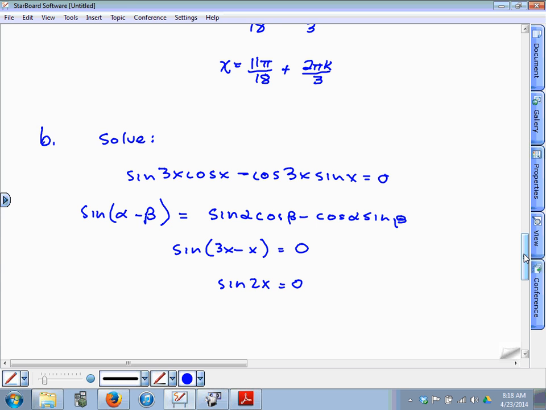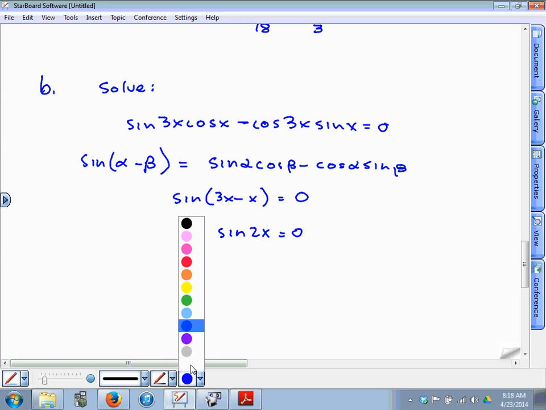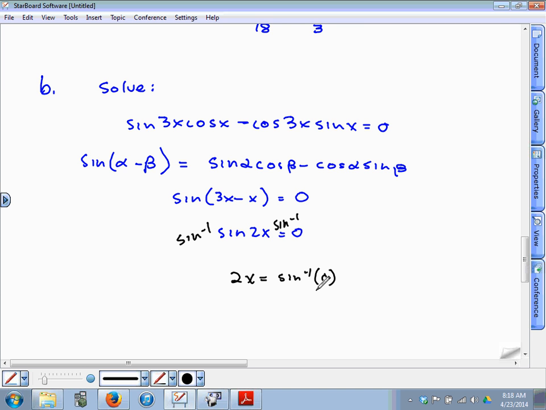Now what? Inverse sine, yep. So 2x is equal to the inverse sine. All right then, so where?